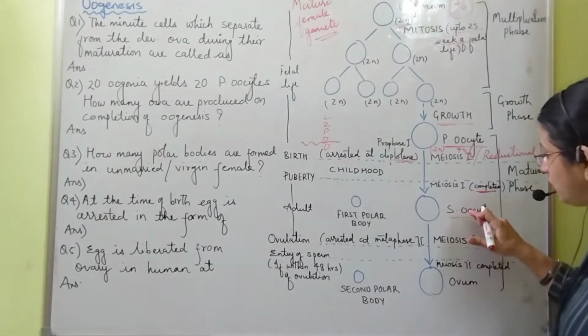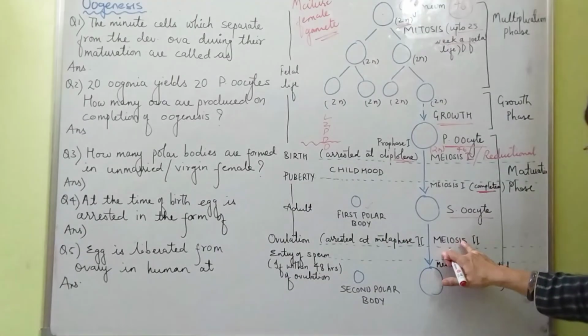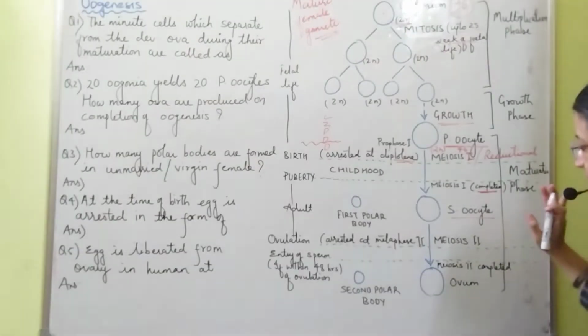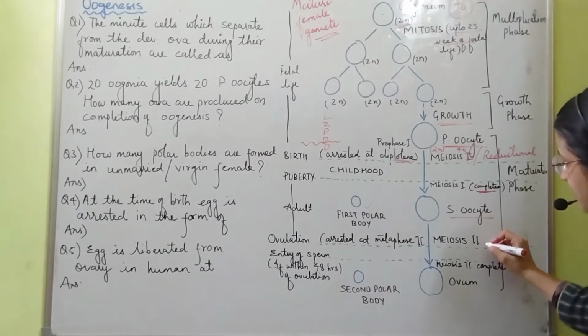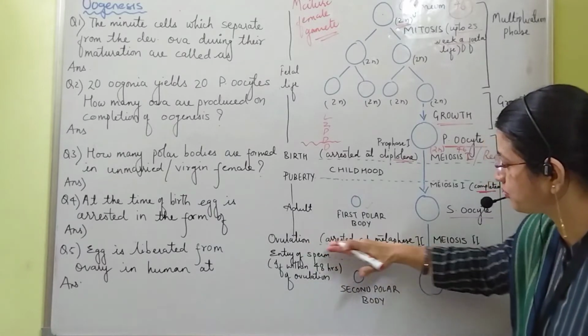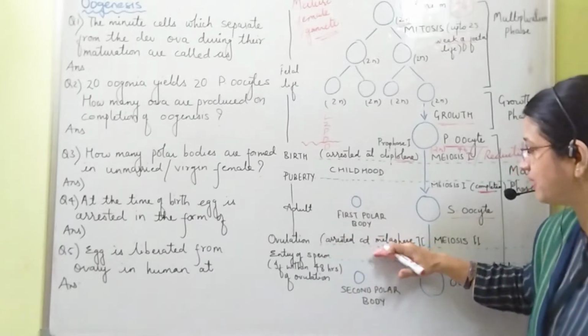Clear? Now the secondary oocyte will undergo meiosis 2. Here in meiosis 2, prophase 2 will be completed. It will undergo metaphase 2, and at that time the process will again get arrested. So it will get arrested at metaphase 2.